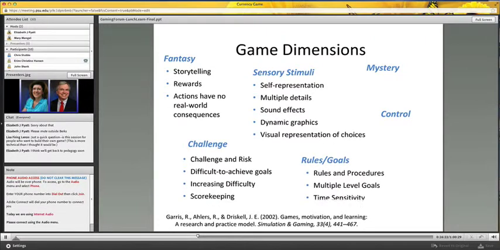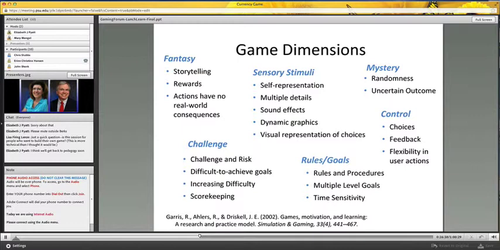These were identified by Garris, and what I've done is I've taken Garris's 6 game dimensions and elaborated upon some of the strategies that we've incorporated into the dimensions of this game.